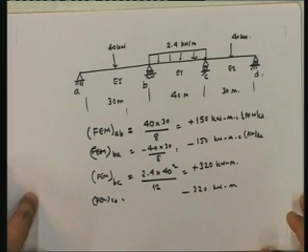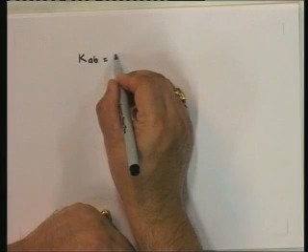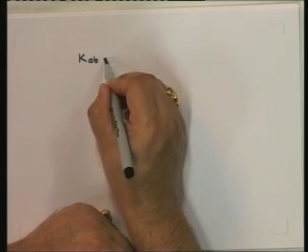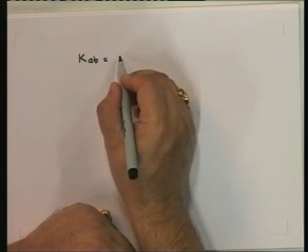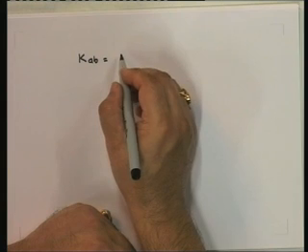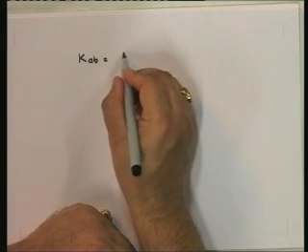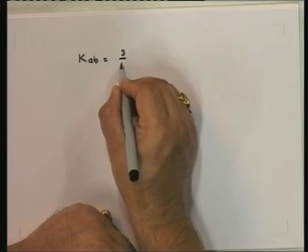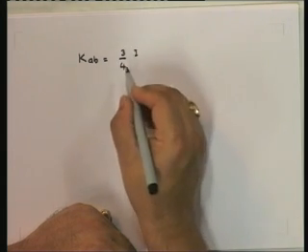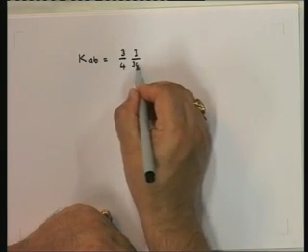Let me then compute the distribution. Now AB is a modified member, so KAB is for the member 3/4 I upon 30.